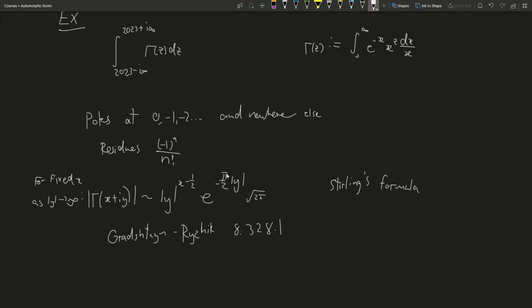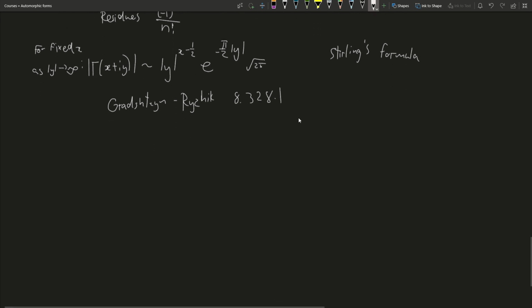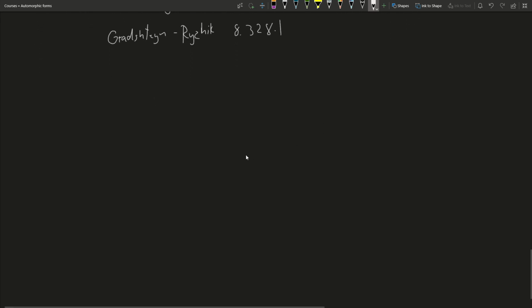Okay, so after setting up these preliminaries, we can evaluate this integral. So the strategy for evaluating this integral is, okay, we've got this contour, so 2023, and then here I'm going to imagine minus it for some large t to 2023 plus it, and then we've got these poles.